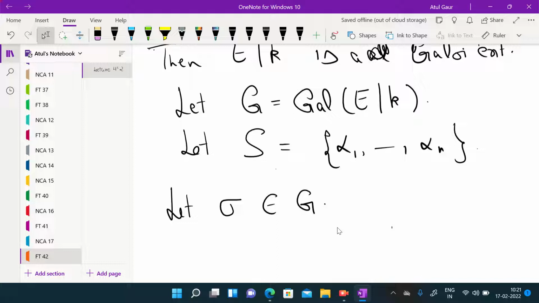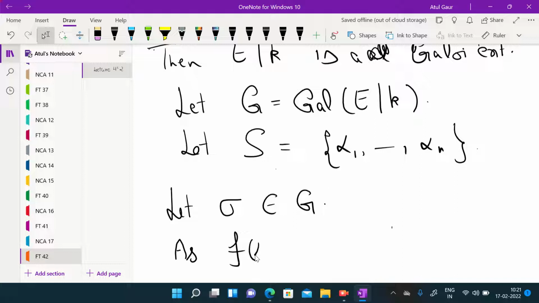That means an automorphism on E fixing the elements of K. So it's a K-automorphism and f(x) is a polynomial over K. So any K-automorphism will map a root of a polynomial over K to a root, right?